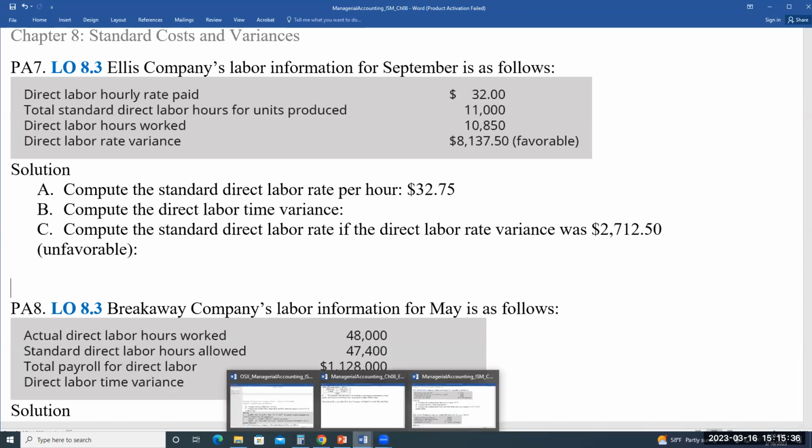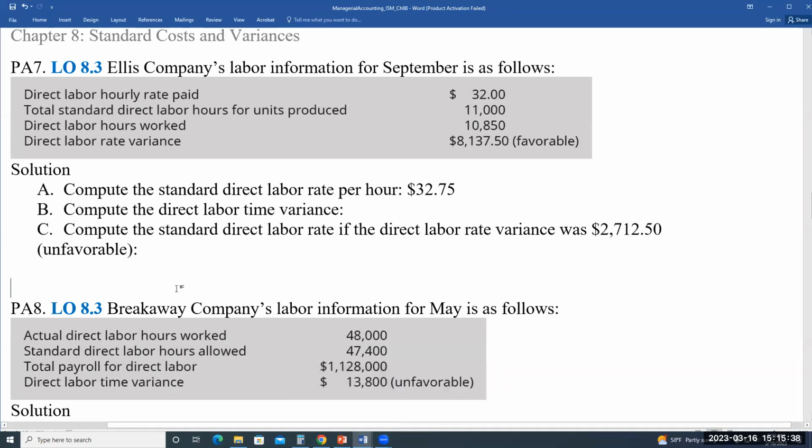Well, the other way we could do it, we are trying to figure out the time variance, right? That's going to be the actual hours times the standard rate minus standard hours times standard rate.